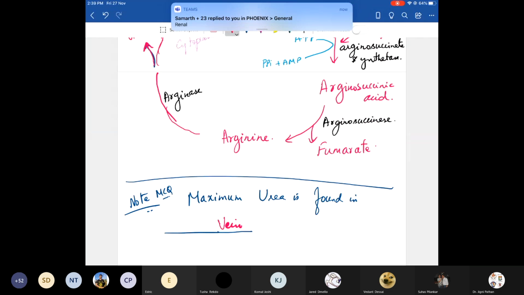Very good. It is in the hepatic vein. The liver is the site for the formation of urea, so you find it in the hepatic vein.